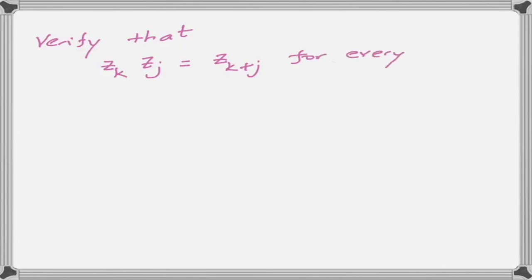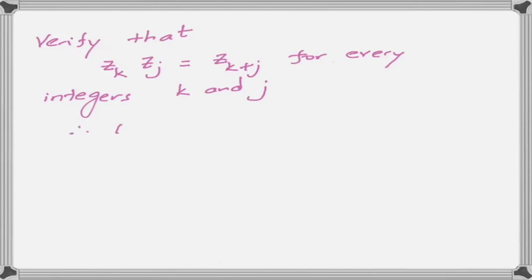As in the case of n equal to 10, verify that zk times zj is equal to zk plus j for every integers k and j, where j may not be in the given range.